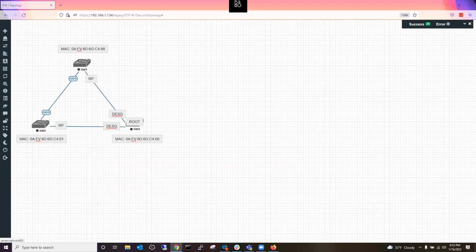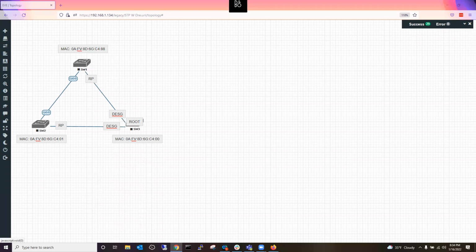All right, so with the shared Ethernet segment, the shared link between the two switches that are not the root bridge, whenever we're selecting that designated port, the first election process is who has the fastest way to the root bridge.